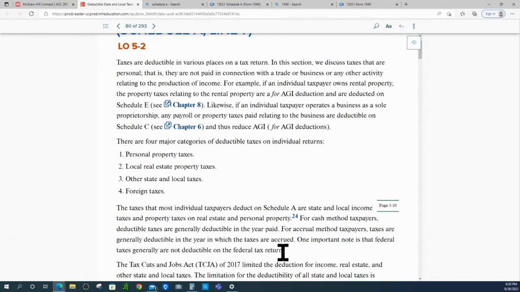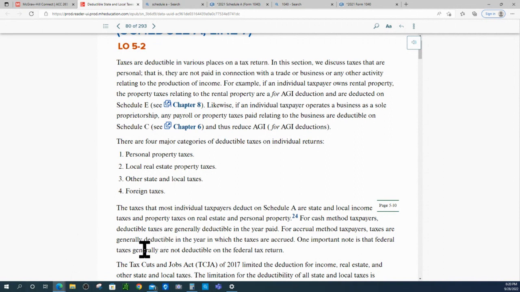Anyway, so there are states out there that don't have any income taxes, but most states do have an income tax. So any taxes that are paid to the state or local authorities would be included in those other state and local taxes. Now, there is a choice. If you happen to live in a state that doesn't have an income tax and you want to deduct taxes, you do have a choice that you could deduct sales taxes.